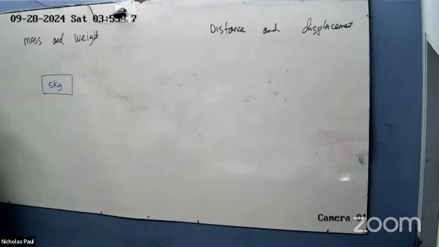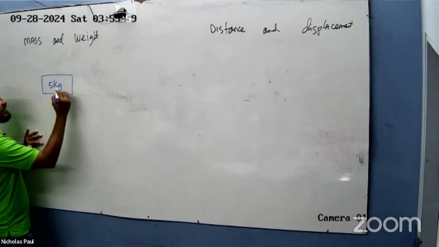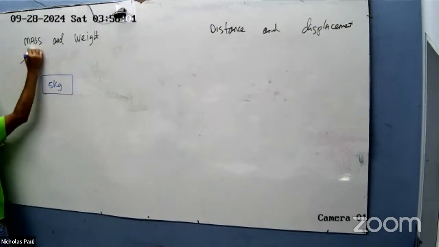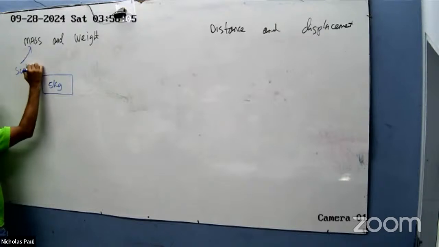So I don't have to give you any direction. What that means is that mass is a scalar quantity. Mass is a scalar quantity.